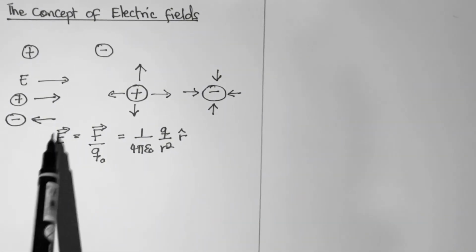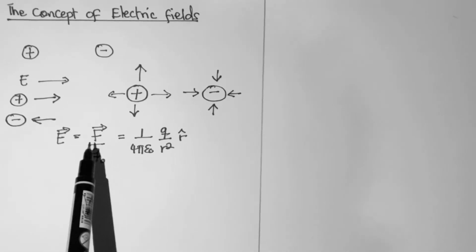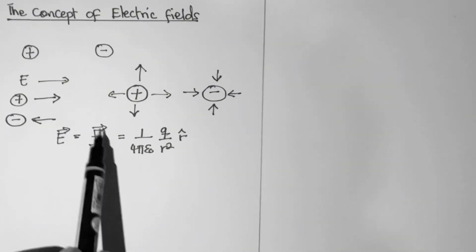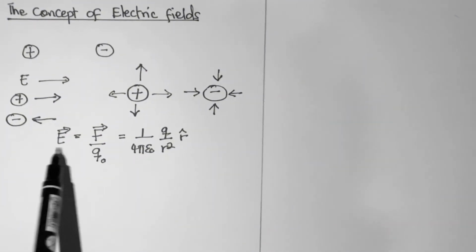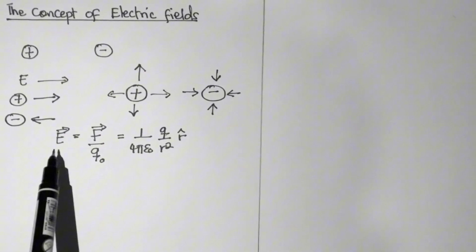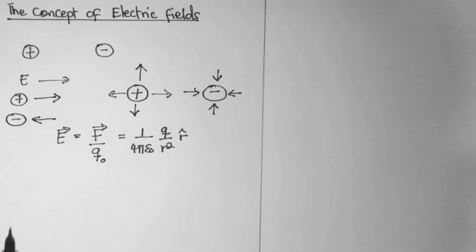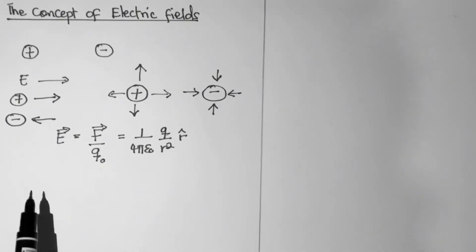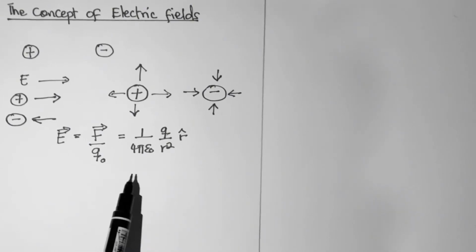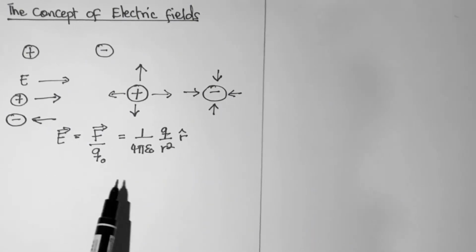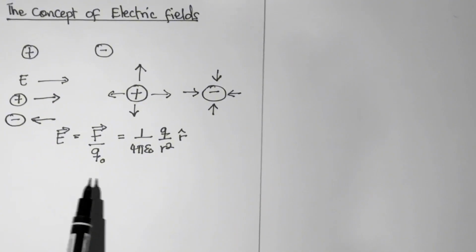The major difference is that the electric force is in reference to two charges, but the electric field is the force on a single charge. Anytime the electric field is propagating in a certain region in space and it doesn't change, we call that electric field a uniform electric field.